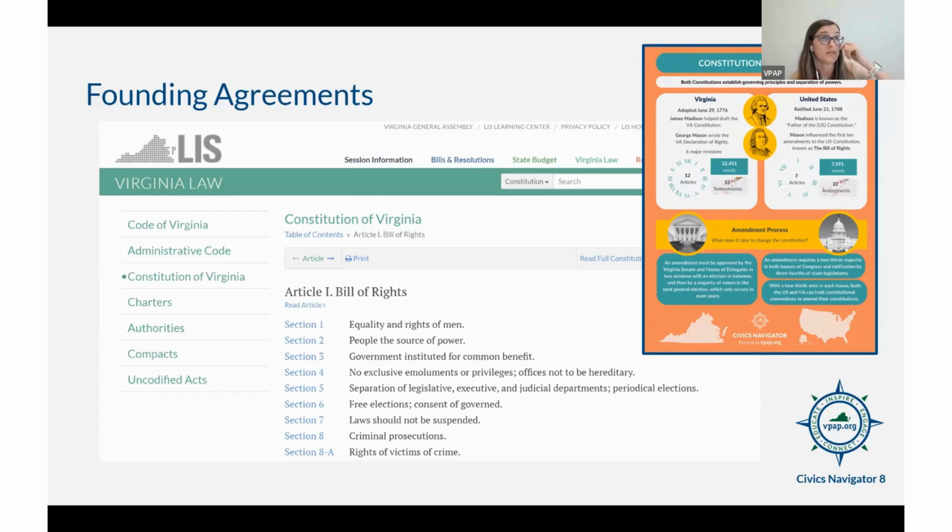We also have a Constitution comparison. In these slides, you can click on the images and that'll take you to those links. We have a comparison of the Virginia and US Constitutions, just a quick overview. And then there's also an interactive notebook that you can work through. Again, look at the original source and see how that resonates with you today.